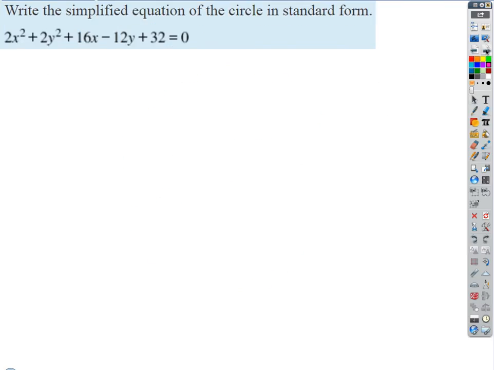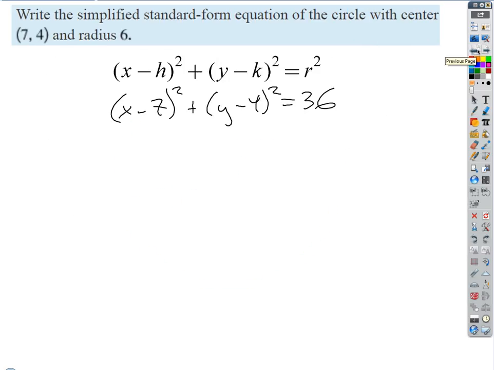Okay, what about something like that though? That's kind of a mess, right? Let's just go back to this one for example. That's in a nice, convenient standard form, but what if I expanded that algebraically? I multiplied everything out. What's this gonna give me?